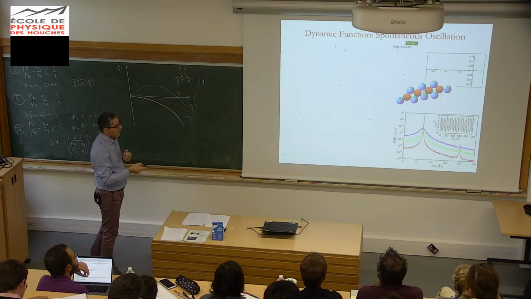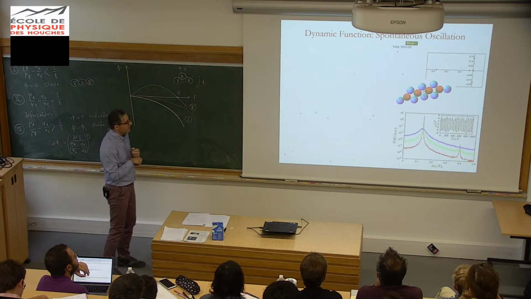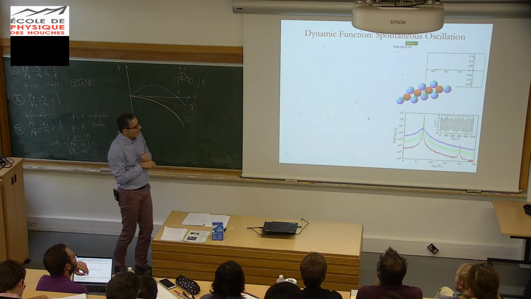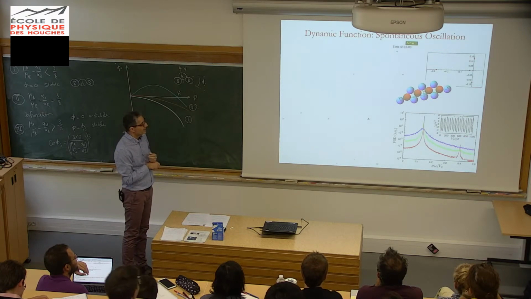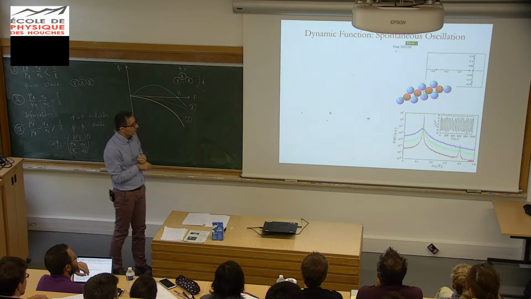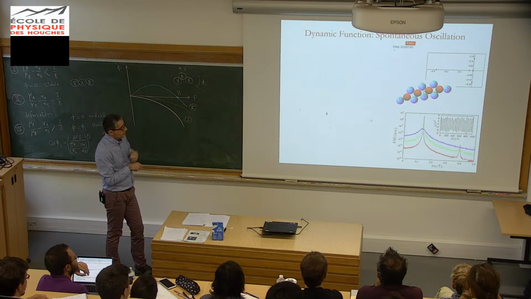So this active croissant, if you want, is an appropriate name here, is basically forming spontaneously in front of your eyes, and then we will see that it can undergo a bifurcation and pick up a frequency and basically oscillate without propulsion.